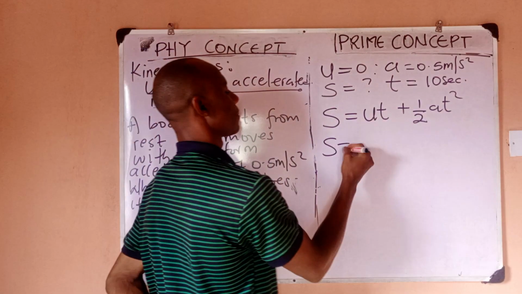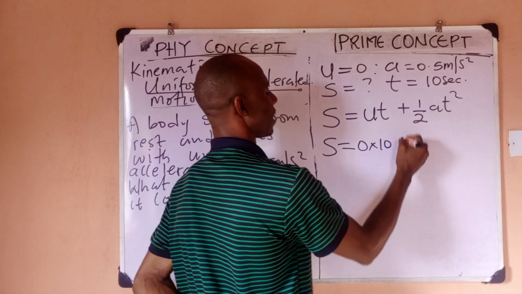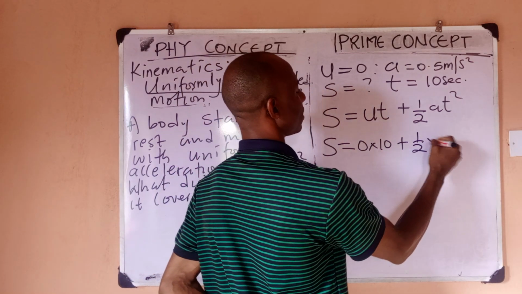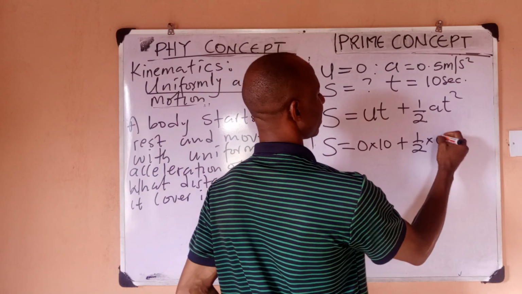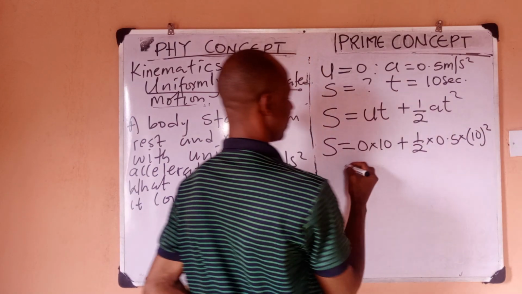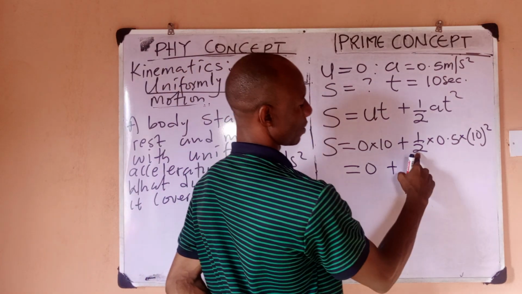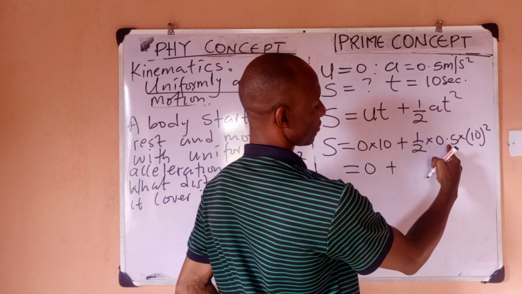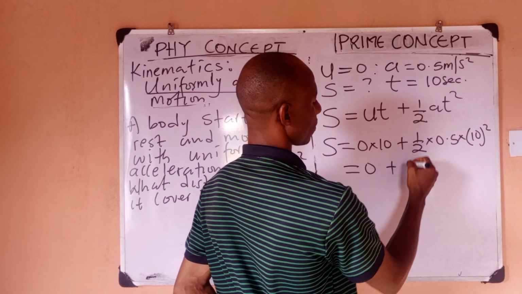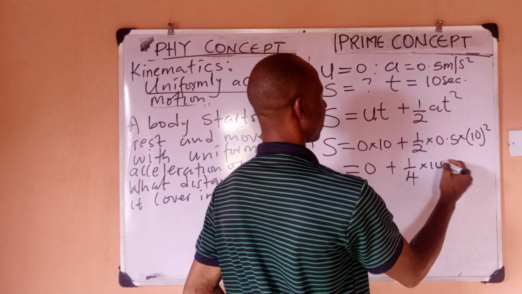So s is equal to u, which is 0 times t, which is 10, plus half times a, which is 0.5, times time, which is 10 squared in this case. So 0 times 10 is 0, plus now half times half is actually 1/4, times 10 squared is 100.